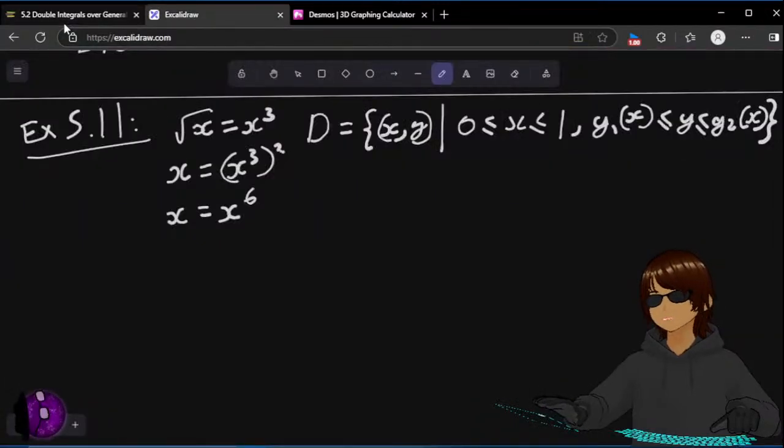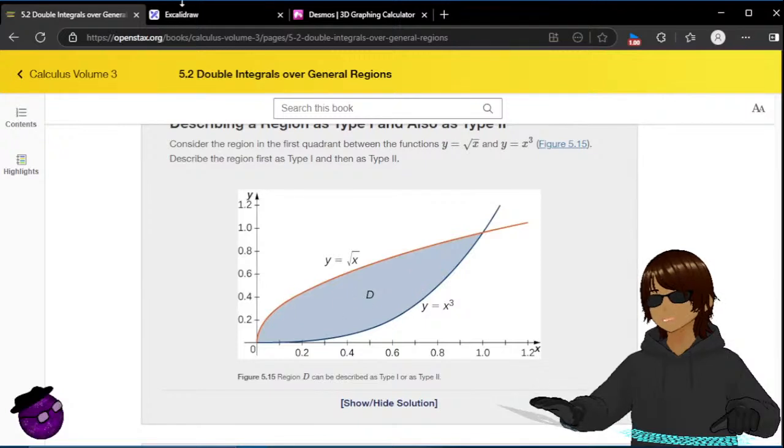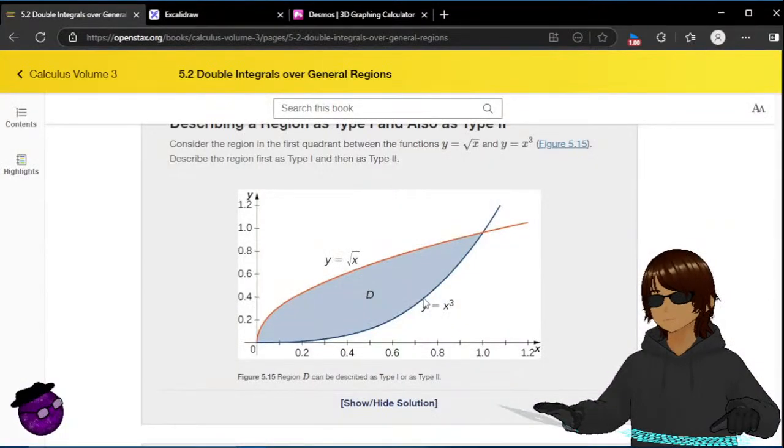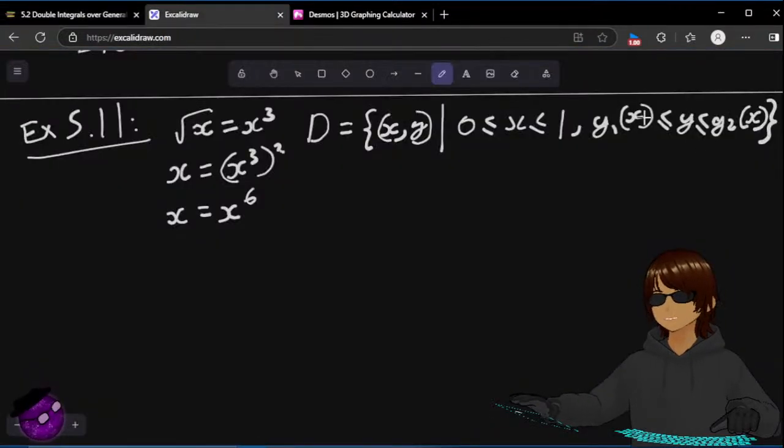We can define g2 as root x, so y has to be below root x. We can define g1 as x cubed, so y also has to be above x cubed.